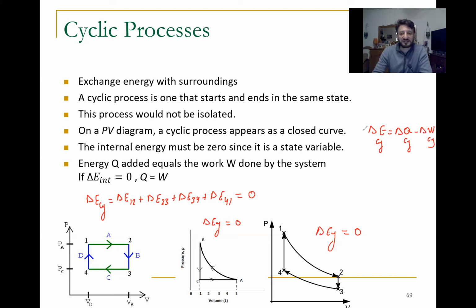As delta E of the cycle equals 0, in this case delta Q equals delta omega. So delta Q of the cycle equals d omega of the cycle. You have to know this relation in the case of a cycle.